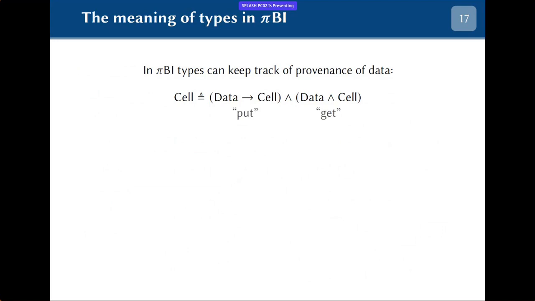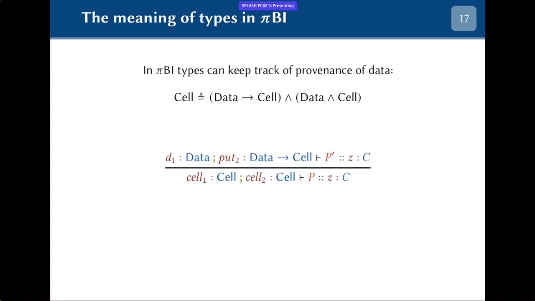To represent that as a protocol, we have a type which is the composition of a put and a get accessor for the memory cell. The put is simply receiving some data, and it will store it in the cell. And the get will send you the data currently stored at the cell and continue as the cell unchanged.